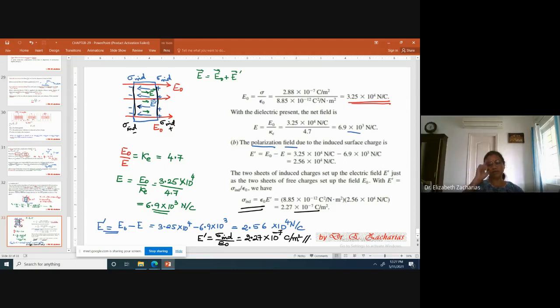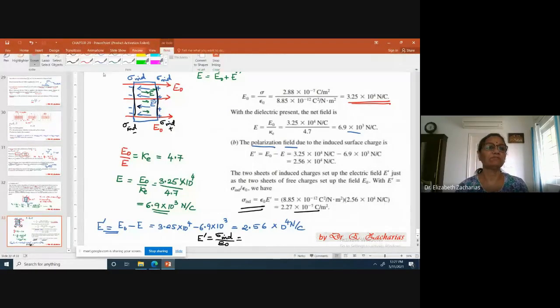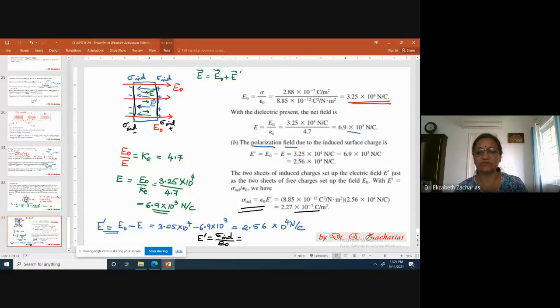Okay, from here, get sigma induced. Sigma induced is going to be equal to 2.27 into 10 to the power of minus 7 coulomb per meter square.